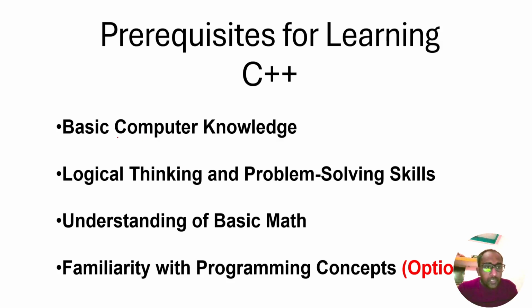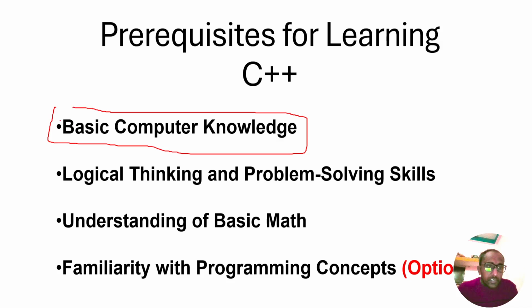So the first thing is basic computer knowledge. Before we start the C programming language, we need prerequisites, which means the requirements we should know earlier. So understand basic computer knowledge: how to use a computer, navigate the file systems, the folders and files, and how to install software.